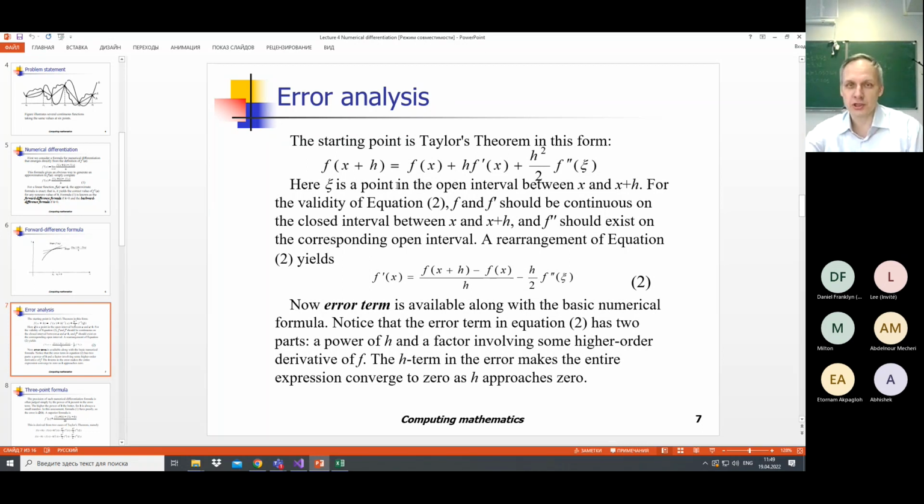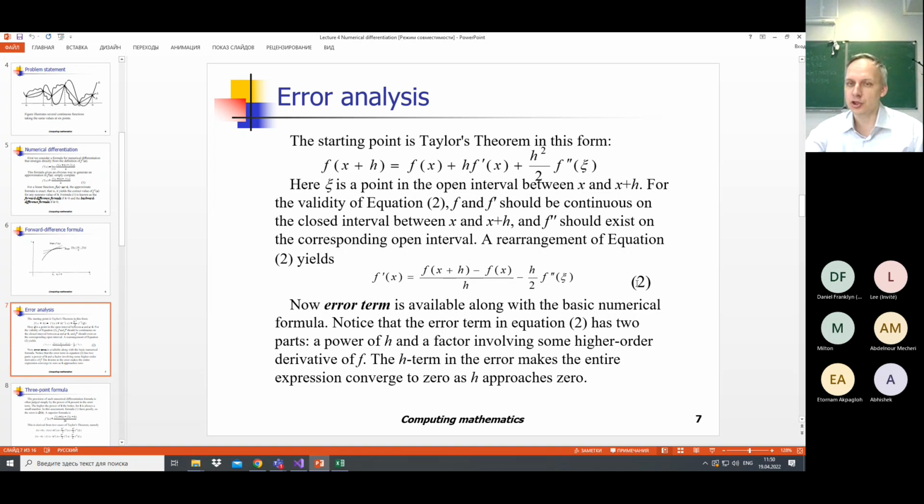If we rearrange the terms here, we get that f prime of x equals f of x plus h minus f of x over h minus h over 2 times the second derivative at the point xi. This is an equality. The left side equals the right side.